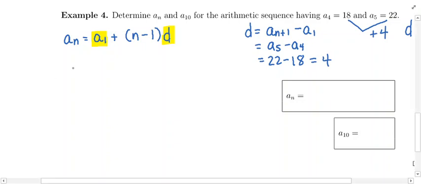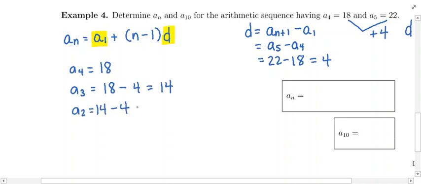So we know a4 is 18. If we want a3, since we're going backwards, we're going to take 18 and subtract the common difference. So the 3rd term is 14, and then a2, you're going to take the 3rd term, 14, and subtract 4 to get 10. And again, I'm subtracting because I'm going backwards in the sequence.